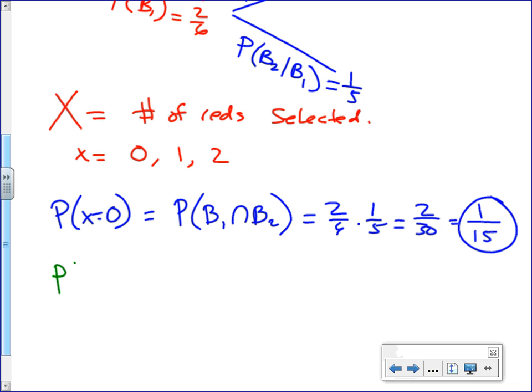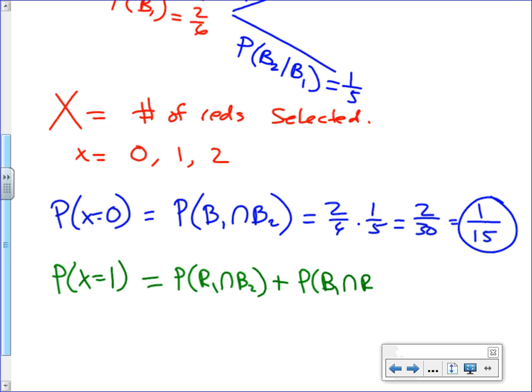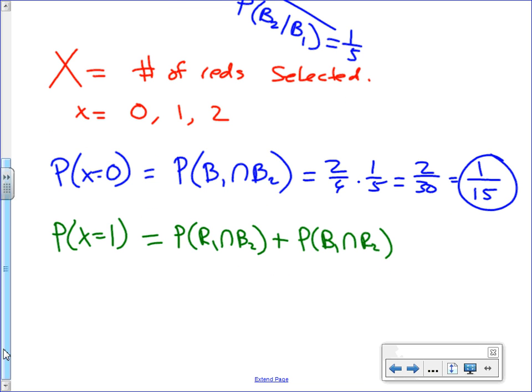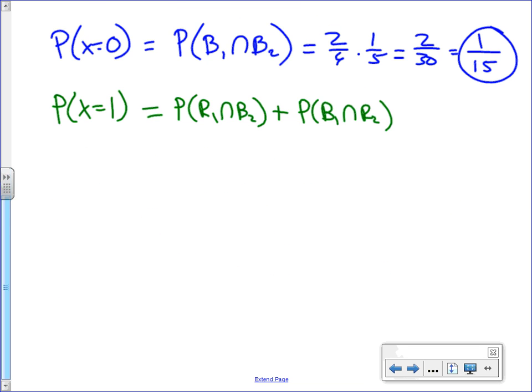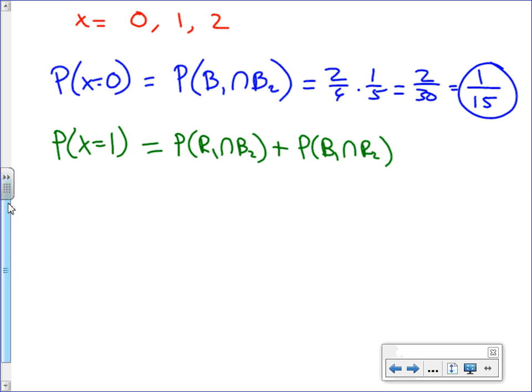Probability that x equals 1 means one of them has to be red. So either the first one is red and the other one is blue, or, so we add it, the first one is blue and the second one is red. Okay. I can't see the chart anymore.